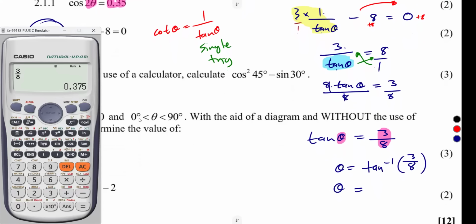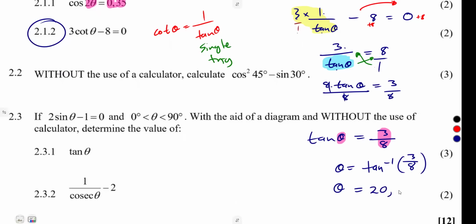You can use the decimal, 0.375, or you can simply use that as it is, 3 over 8, arctan 3 over 8, like this, from your calculator. So that is going to give us 20, comma, this. We can fix it to 2 decimal places, 20.56 degrees. So that's our angle theta now.